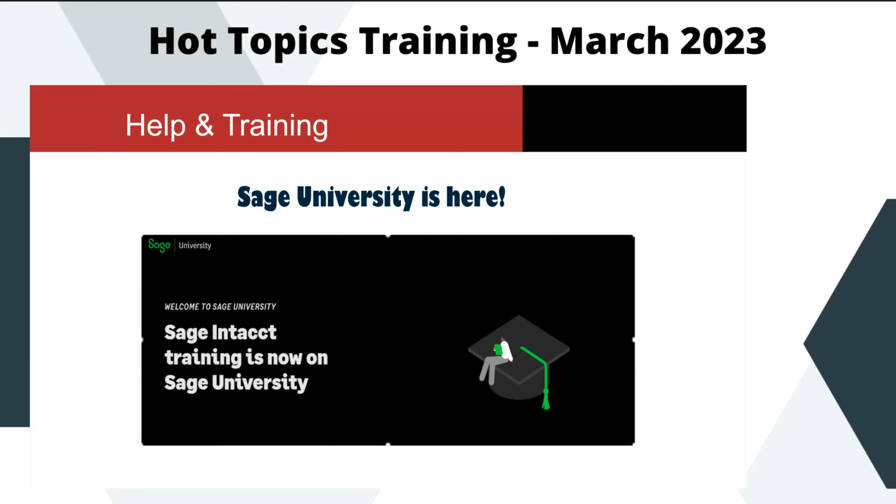Now you will also have access to both your learning membership and complimentary learning. So if you had a learning membership, you can now use that to use the Sage University within Sage Intacct training.